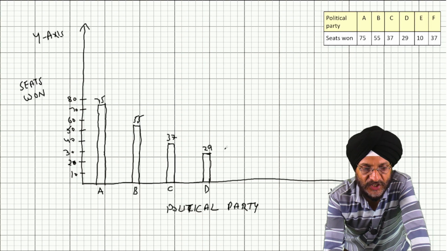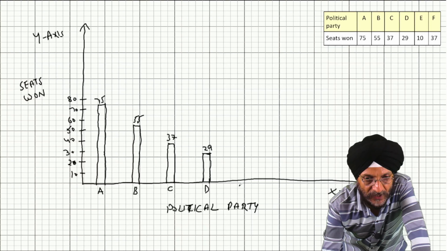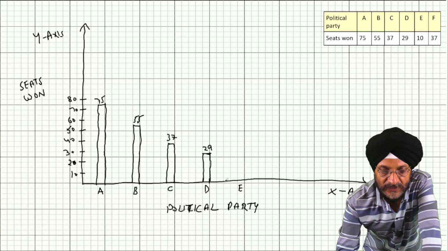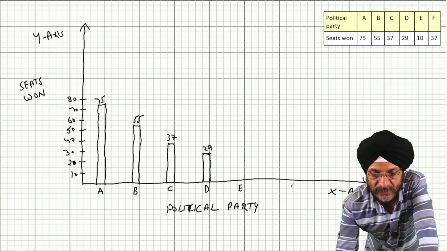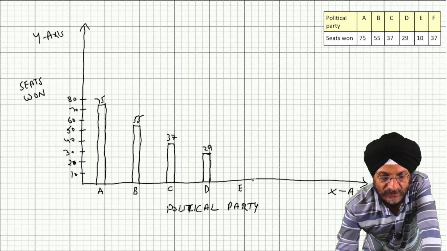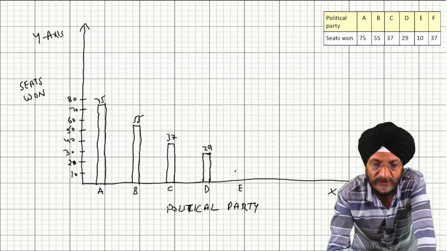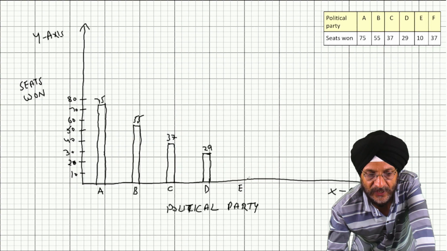Now the next is political party E. Here we have taken the line somewhat above. Please keep the line straight while you are attempting the question in the exam.